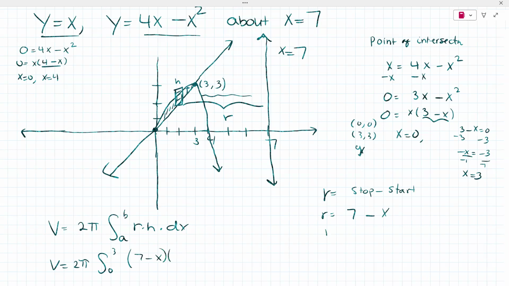And what would be our height? Our height would be the top minus the bottom. What would be our top?